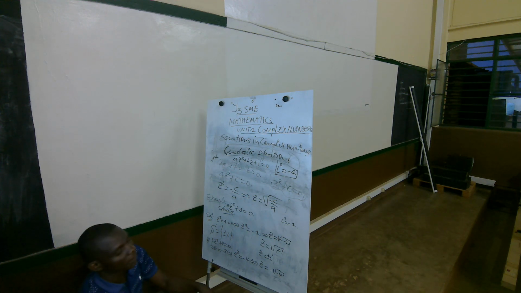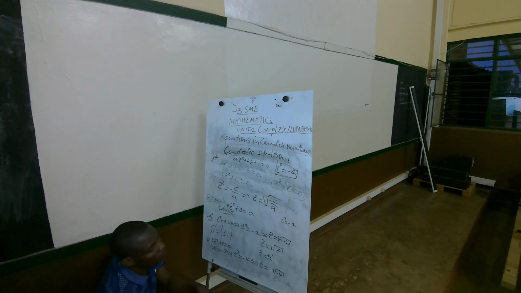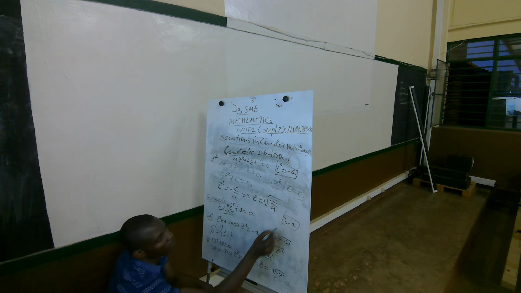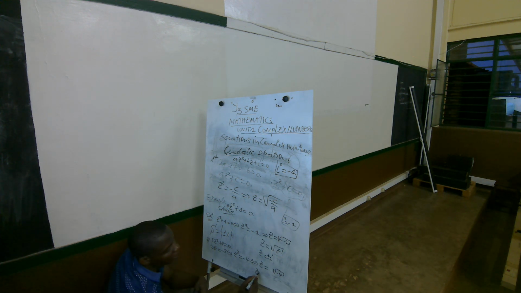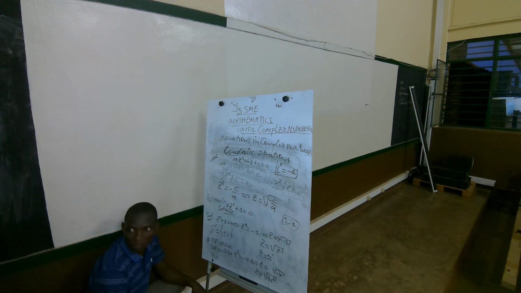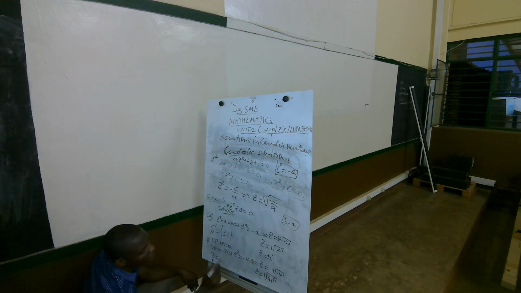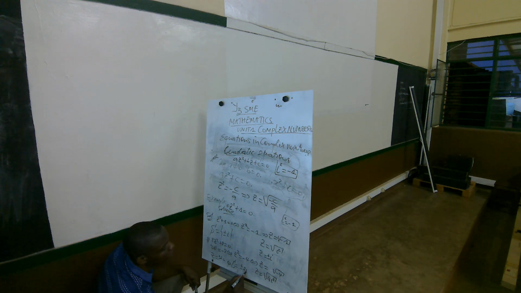You know that i squared is equal to negative 1, so z is equal to the square root of 4 i squared, and z will be equal to plus or minus 2i. The solution for this equation is plus or minus 2i.